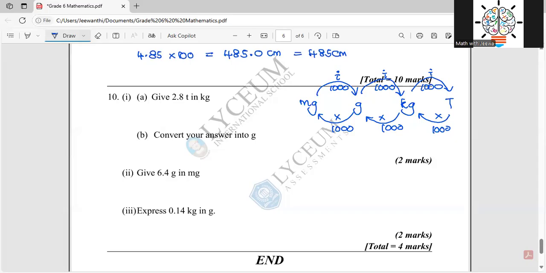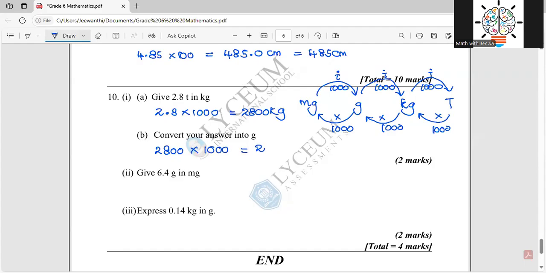Then tons into kilograms, what are we supposed to do, children? 2.8 you multiply by 1000. The answer is 2800 kilograms. Then you convert your answer into grams. What should we do? 2800 kilograms, you multiply by 1000.